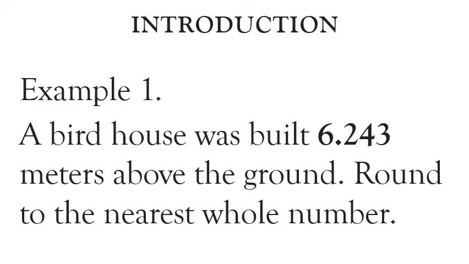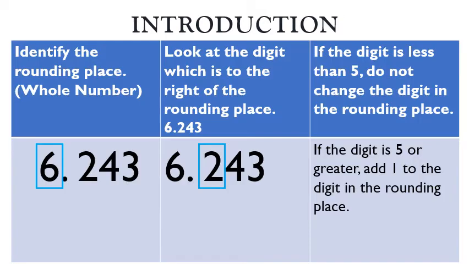Example 1. A birdhouse was built 6.243 meters above the ground. Round to the nearest whole number. Identify the rounding place. Whole number. Look at the digit which is to the right of the rounding place.